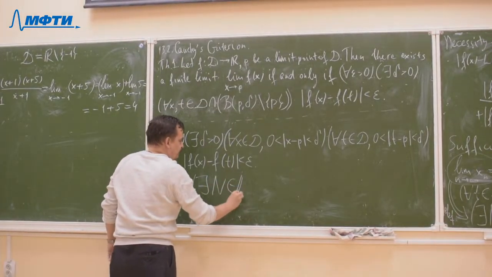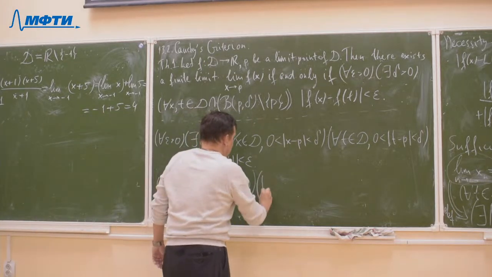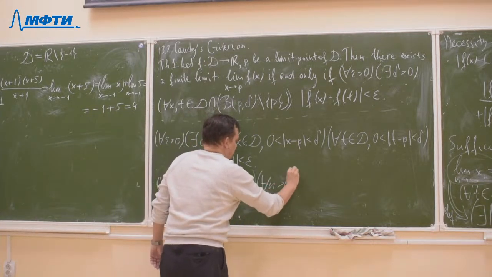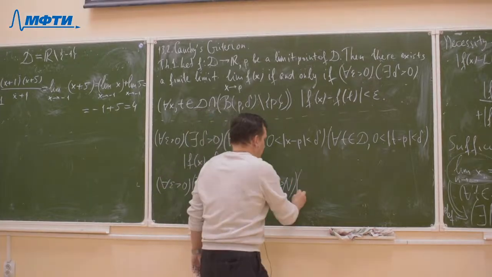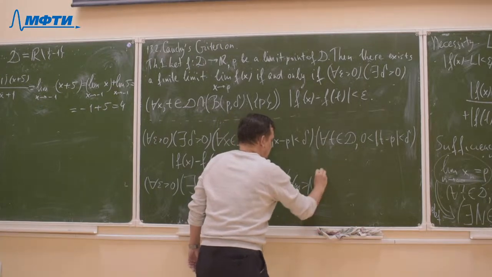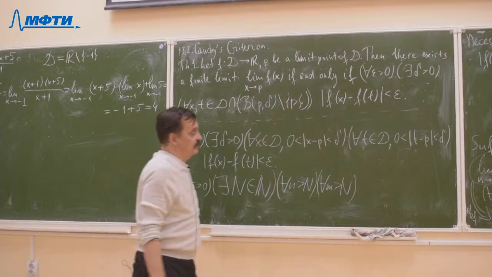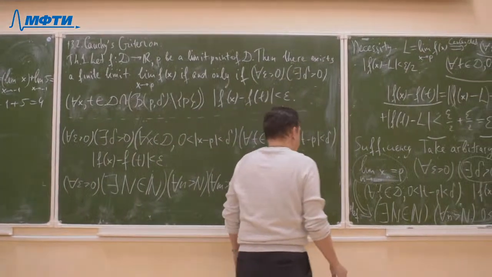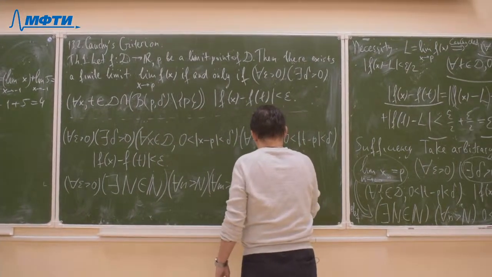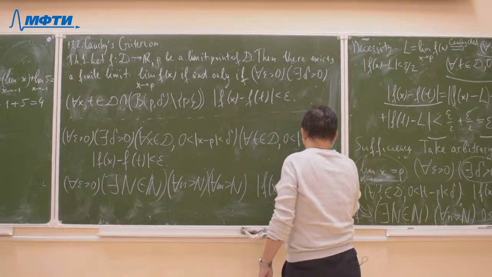We find capital N such that for all n greater than capital N, for all m greater than capital N, we have |f(xn) - f(xm)| less than epsilon.